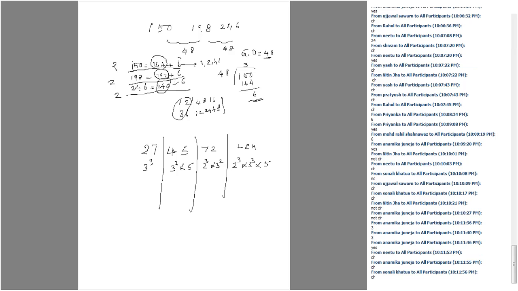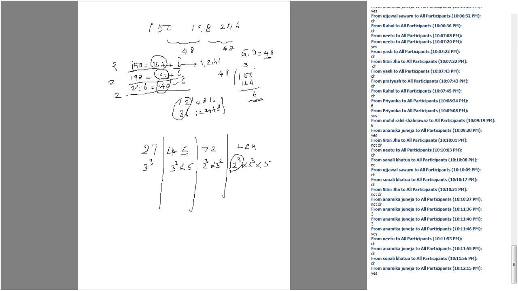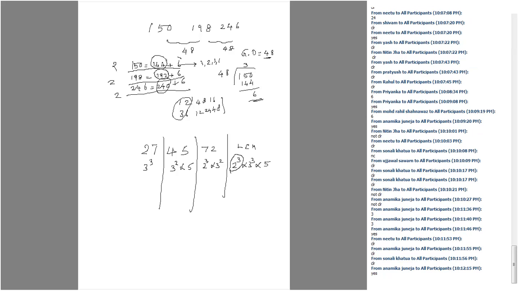So if 2 cubed comes here, should this be present in at least one of the numbers? If 2 cubed is a part of LCM, 2 cubed should be in N1 or N2 or N3. At least one of them should have it or not?